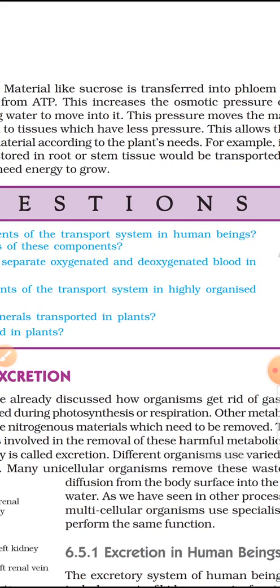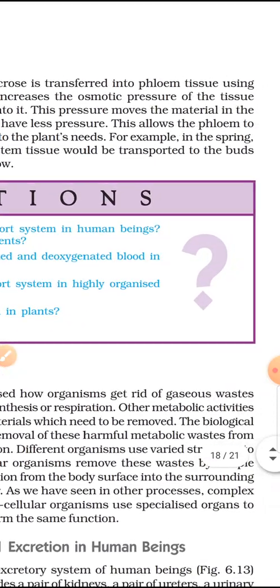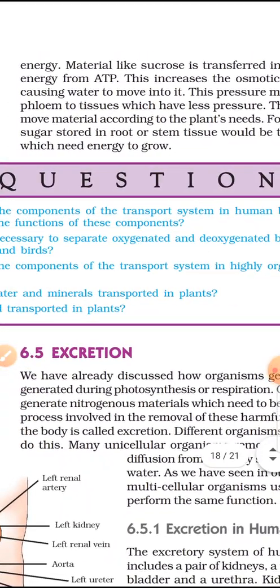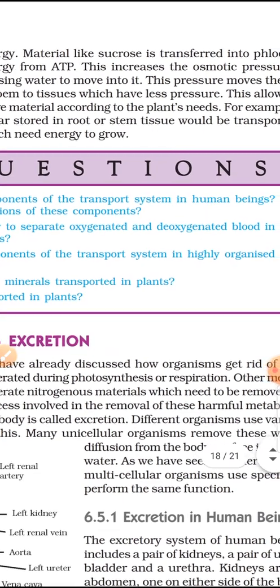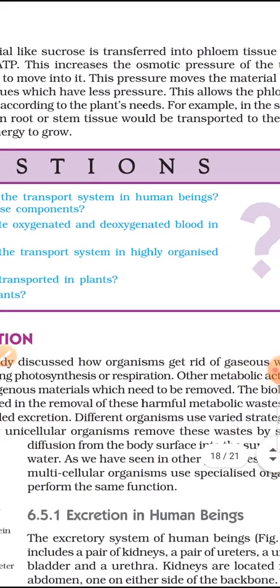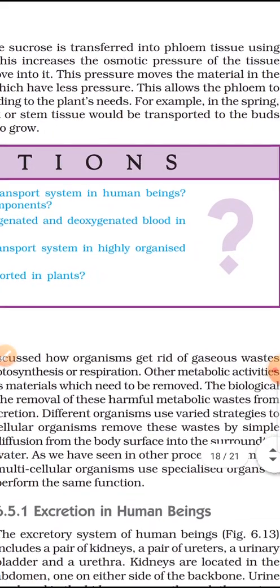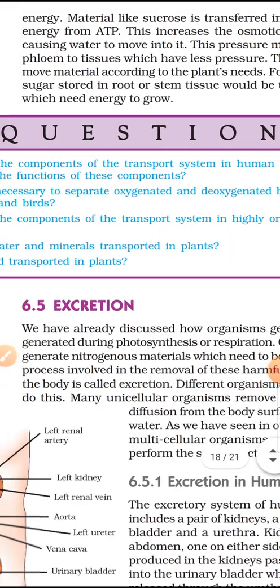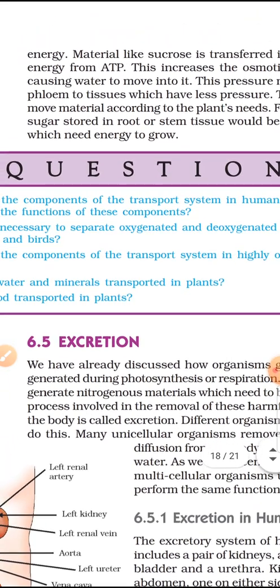So wherever the needs are there, that pressure will be created, and according to the pressure generated, the food will be transferred. For example, in the spring, sugar stored in roots or stem, wherever area it is stored, would be transported to the bud which needs energy to grow.